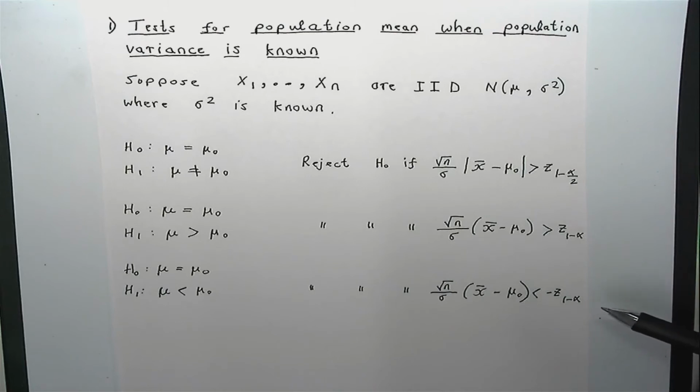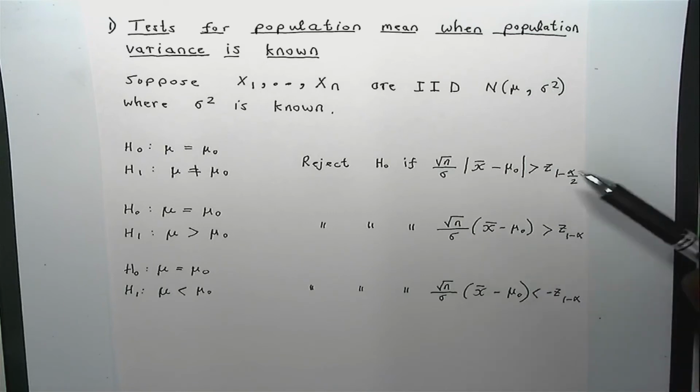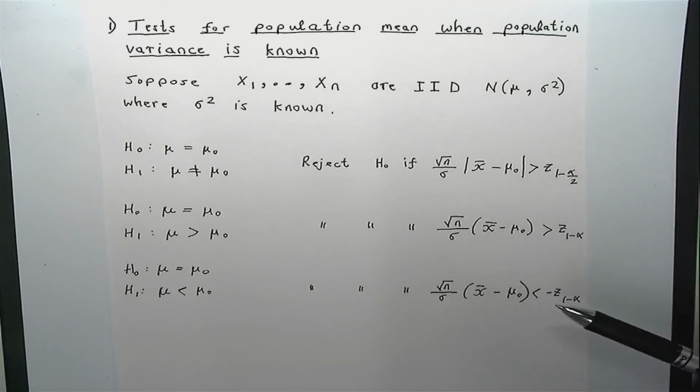For the moment, you don't need to know how to derive them. You just need to know how to apply these rules for a practical problem, and I will do several examples later on. All right, so that's number one.